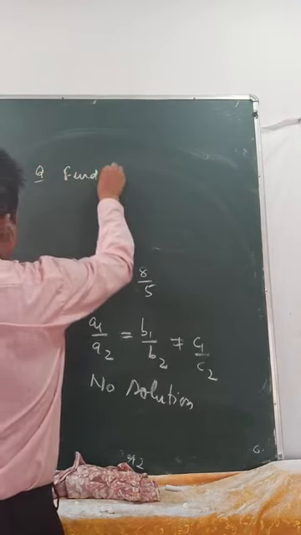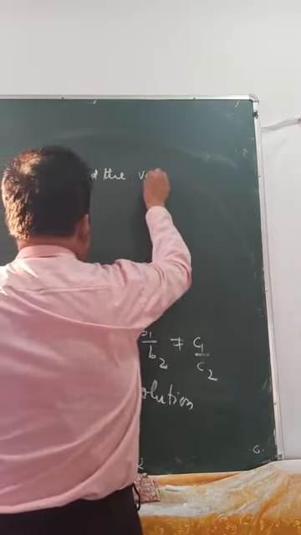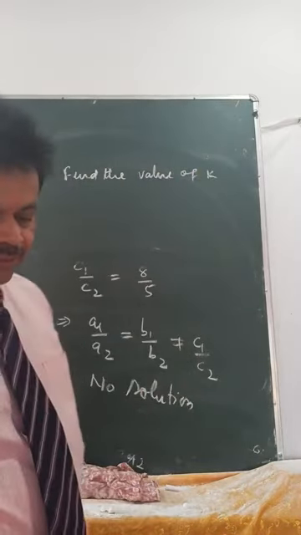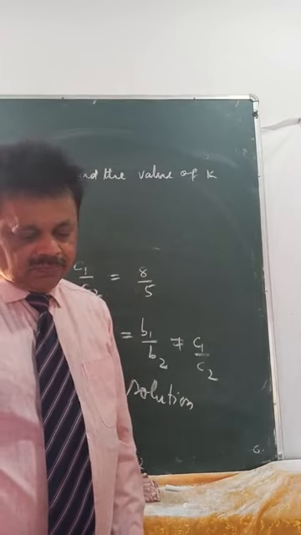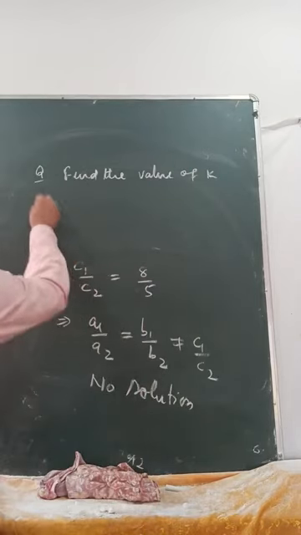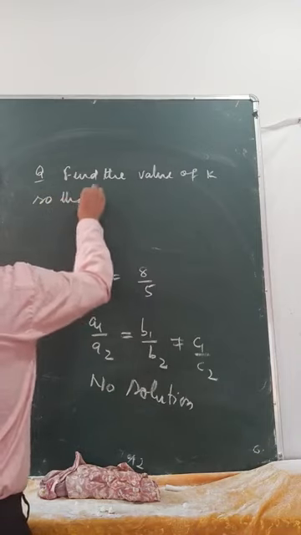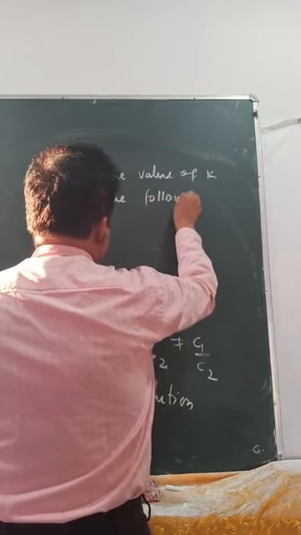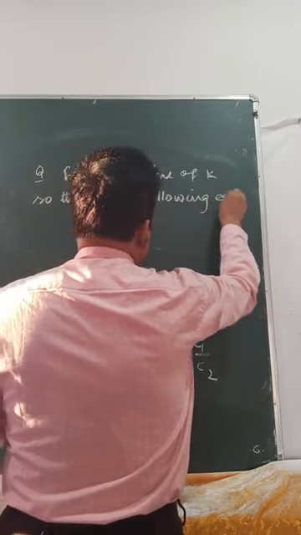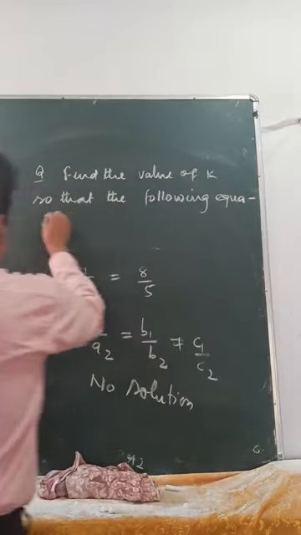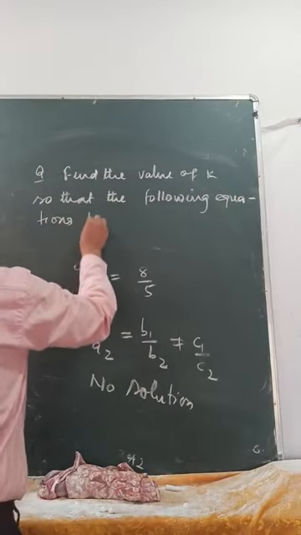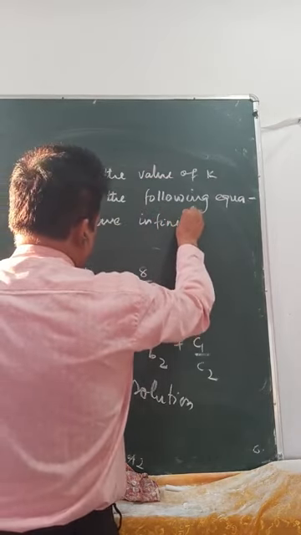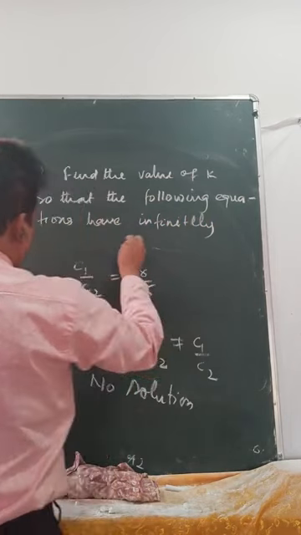Find the value of k so that the following pair of equations have infinitely many solutions.